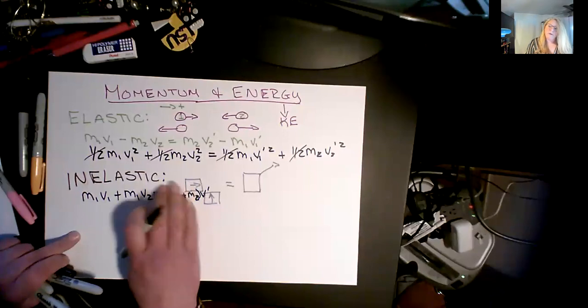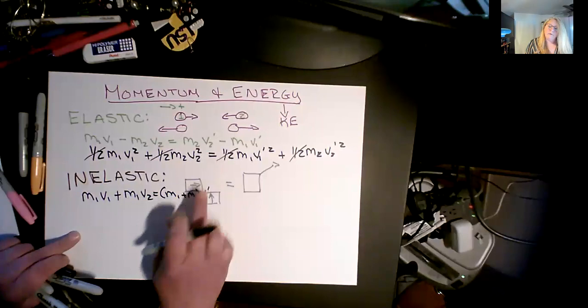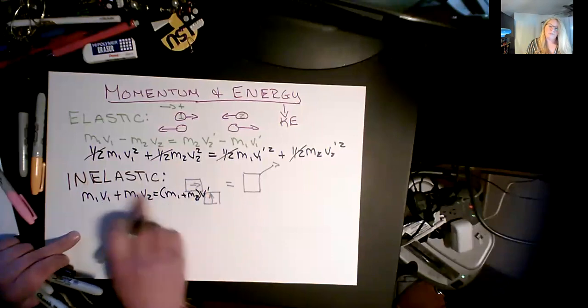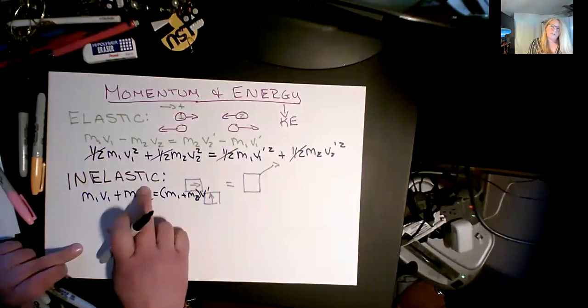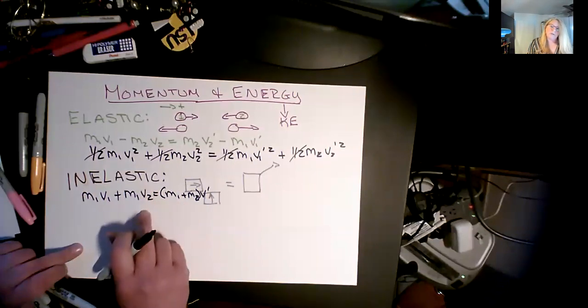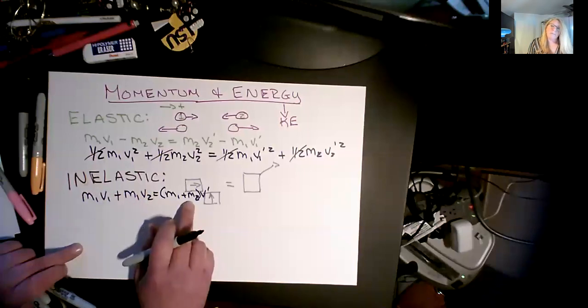So I have motion in the x and motion in the y. So this thing here I'd have to break up into x and y momentums. I wouldn't be able to just do this. But the general case for momentum in an inelastic, so they're sticking collision, is that the momentum that I have before goes into the momentum I have in the end.